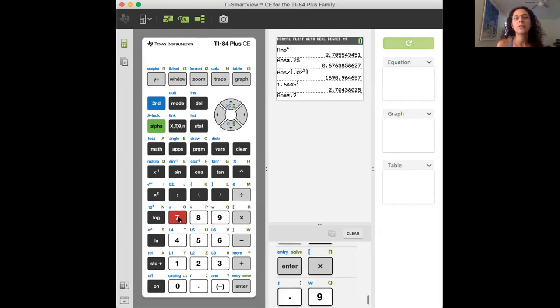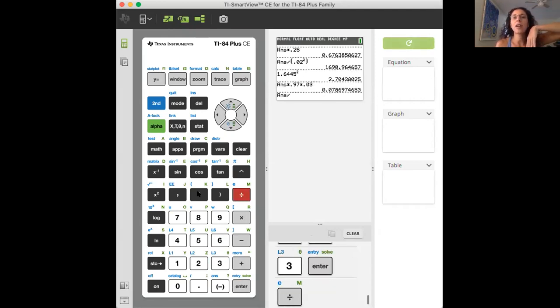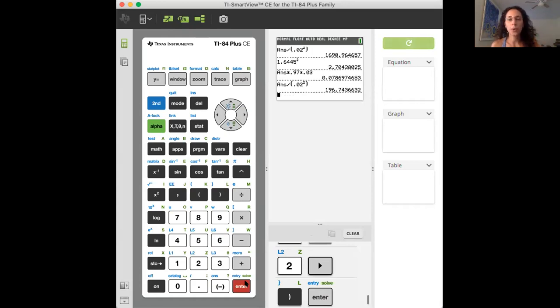Times 0.97 times 0.03, that's my numerator, all of that divided by my denominator, which has to be squared, 0.02 squared, so parentheses around that. I get 196.74. So let's go back over here.